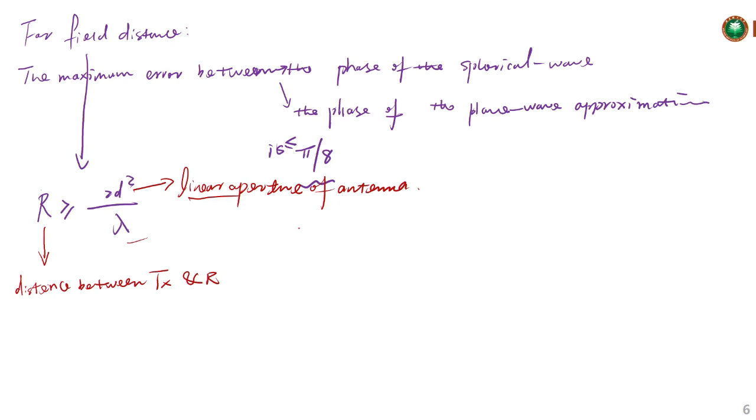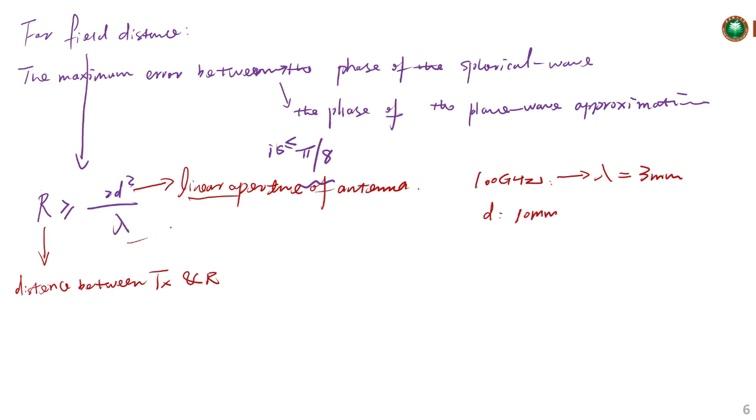Let's take 100 gigahertz as an example. 100 gigahertz means its wavelength is around 3 millimeters. If we use a typical horn antenna, its linear diameter is around 1 centimeter, so 10 millimeters.